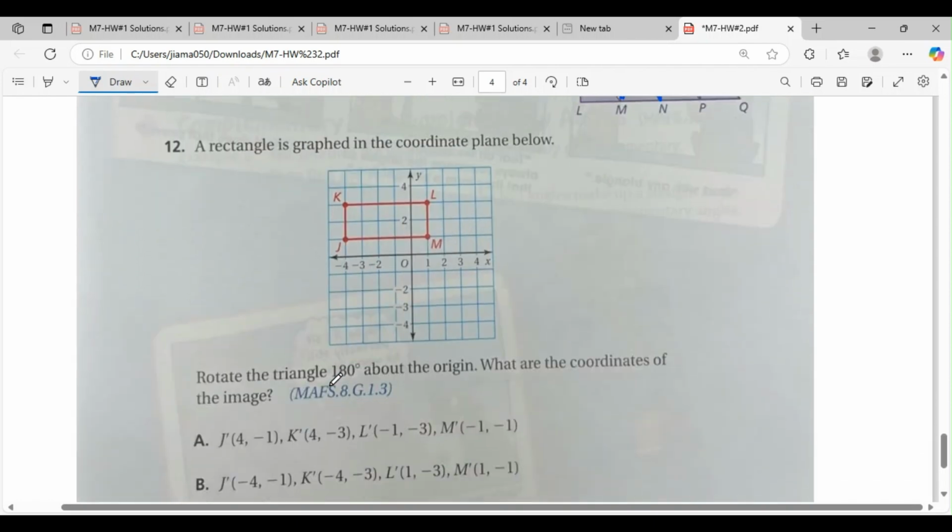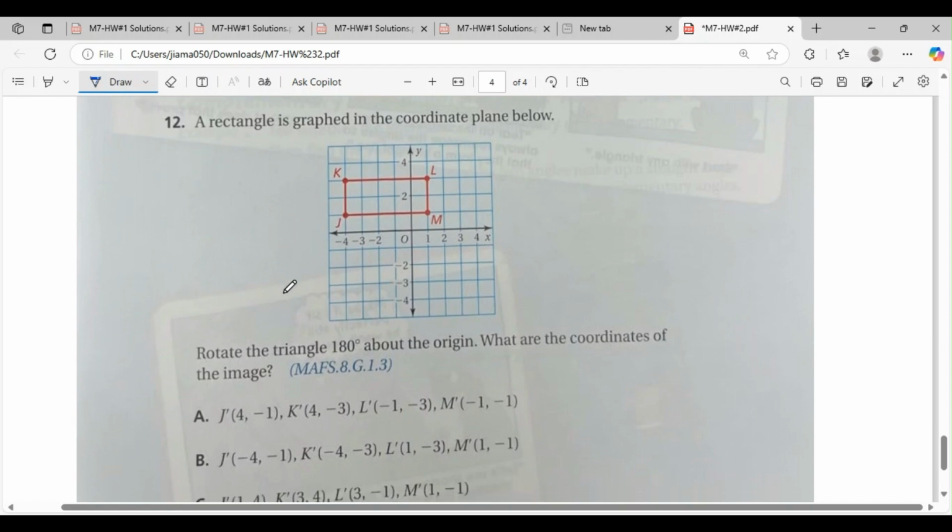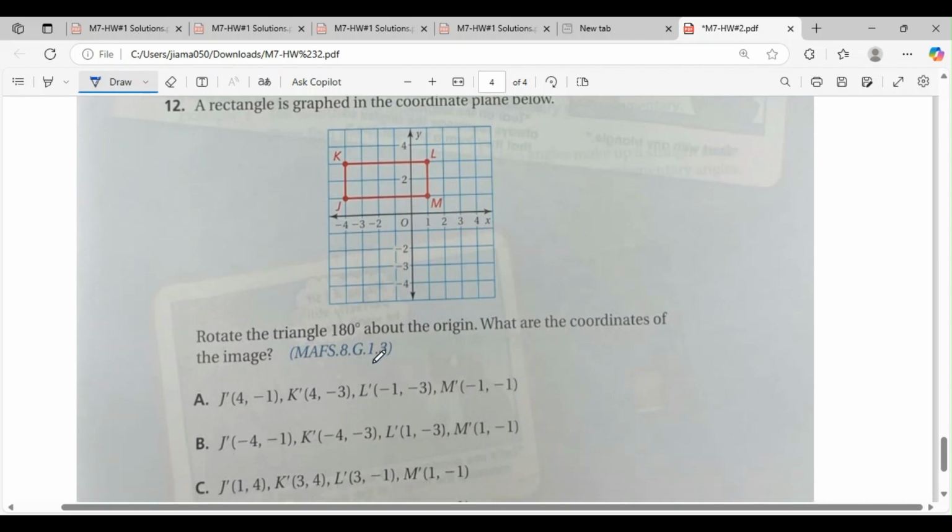Alright, let's see next. Question 12. A rectangle is graphed in the coordinate plane below. Rotate the triangle 180 degrees about the origin. What are the coordinates of the image?